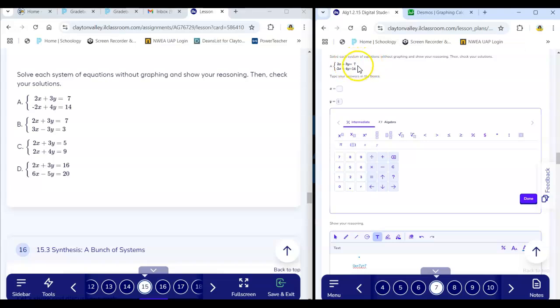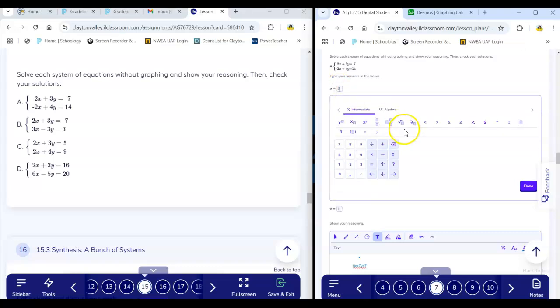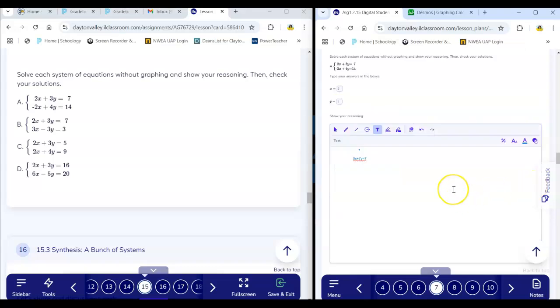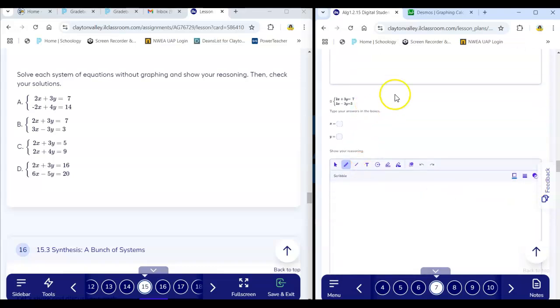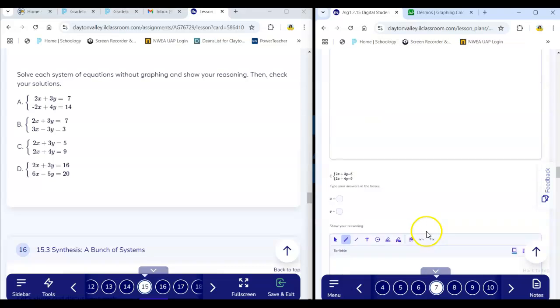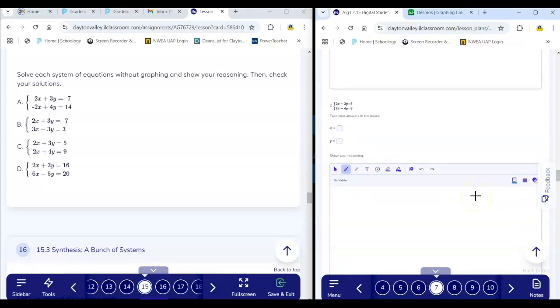So 7 minus 3 is 4. So I've got 2x equals 4. Divide both sides by 2. x equals 2. So you walk through the next 2 and go ahead and solve them. You get to choose how you're going to do it.